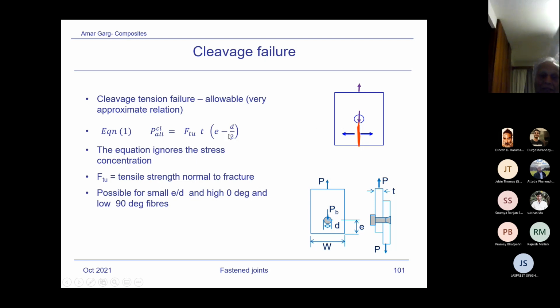Cleavage, again, is a very approximate relation. If this is a fracture plane, then the average stress to failure is applied over here, FTU into T, E minus D by 2. But I question this equation because it's not that simple the way the average stress will be behaving here. The fracture will start by some stress concentration, so it's that factor. So again, this is a simplistic equation.